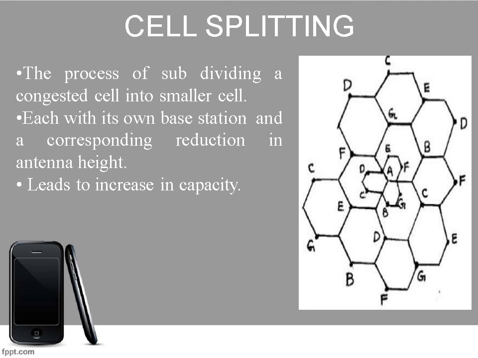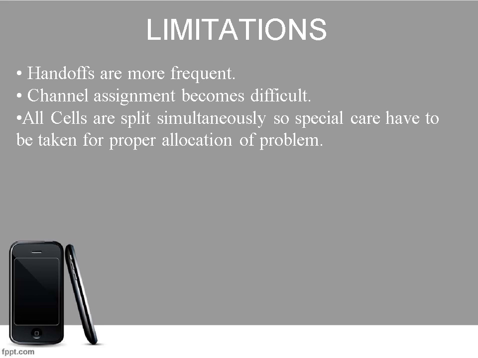Cell splitting is the process of subdividing a congested cell into smaller cells. Each has its own base station and a corresponding reduction in antenna height, which leads to an increase in capacity. The limitations are that handoffs are more frequent and channel assignment becomes difficult. All cells are split simultaneously, so special care has to be taken for proper allocation of channels.